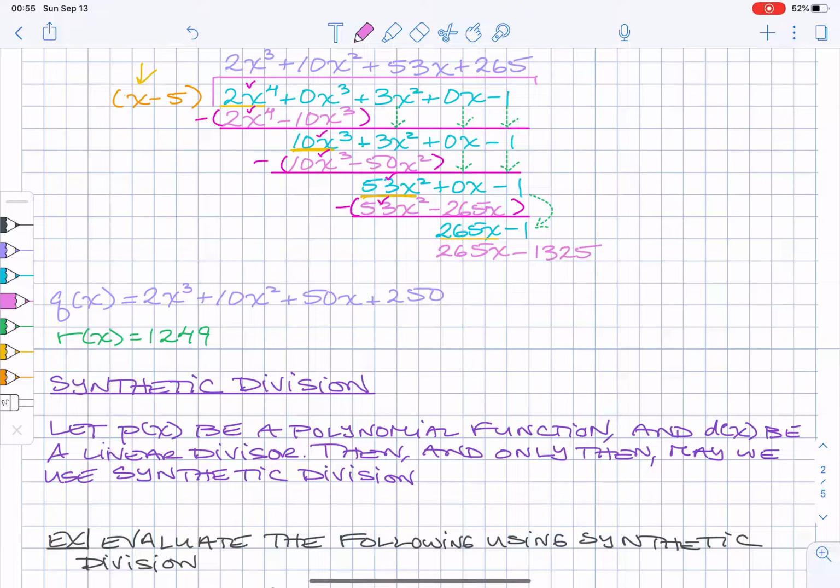So yes, indeed, looks like we will be left with a remainder of positive 1,325 minus 1, so 1,324. Okay, so I need to adjust this. My quotient is now 2x cubed plus 10x squared plus 53x plus 265, and my remainder is now 1,324.